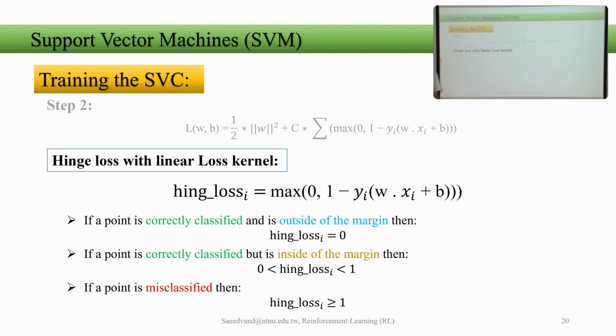This Hinge loss usually should be used with a linear kernel. We will define the kernel in order to be able to add it inside. But for now, let me define the Hinge loss. This is the same equation.